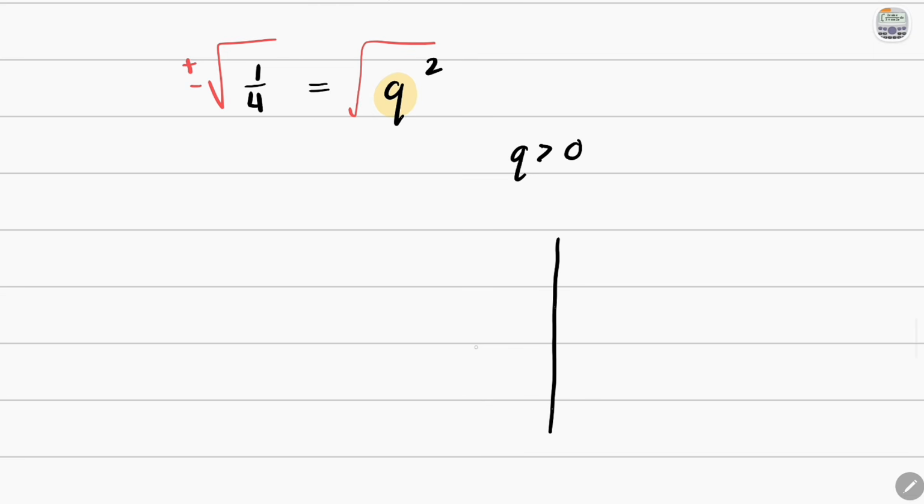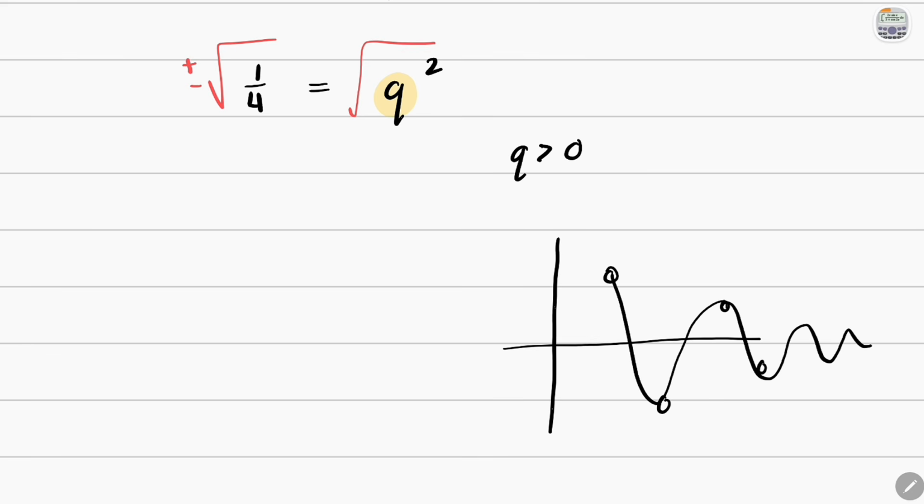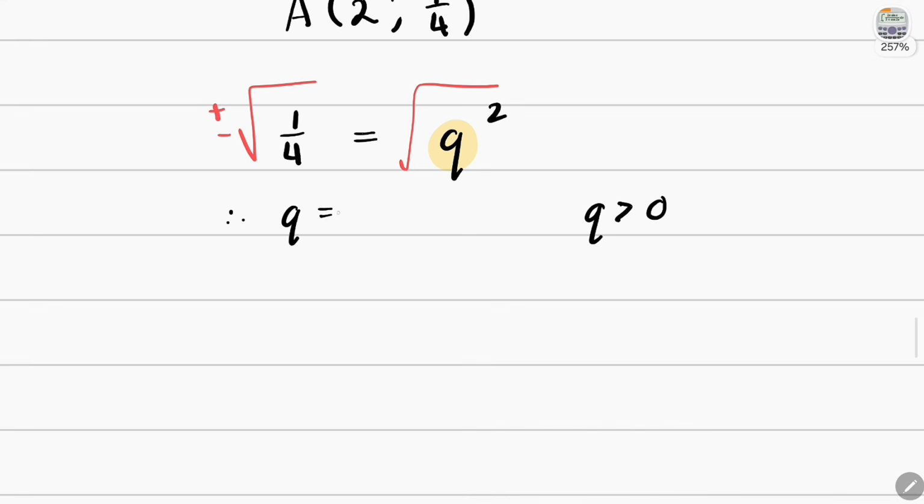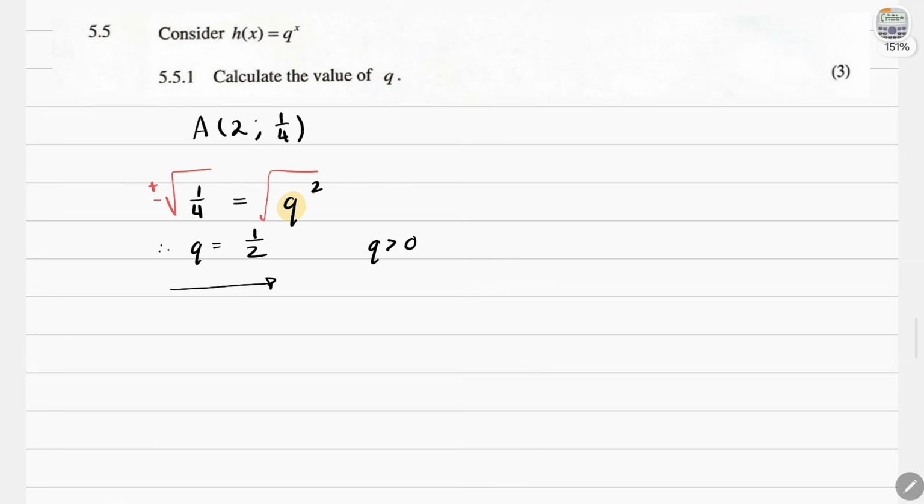That graph is going to basically oscillate between positive and negative y values, positive one time, negative another time, and then it just creates some sort of a zigzag pattern, and it's not an exponential function. Okay, so that means that q is therefore equal to 1 over 2. And that is our answer.